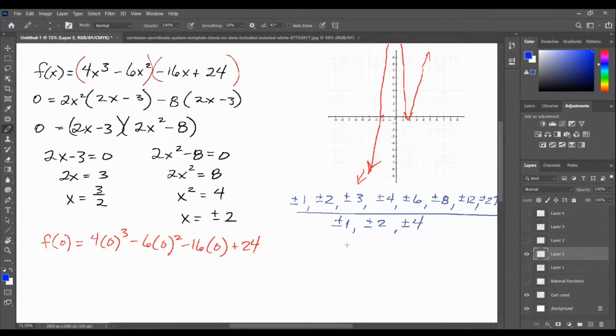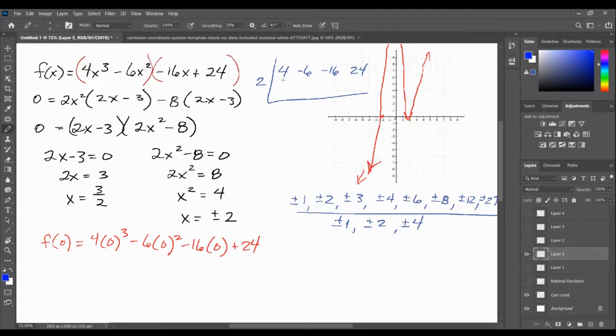And you can see we've got a whole bunch to pick from. We could do some synthetic division. Looking at our exponents, 3, 2, 1, 0, they're all there. So we could do 4, negative 6, negative 16, and 24.